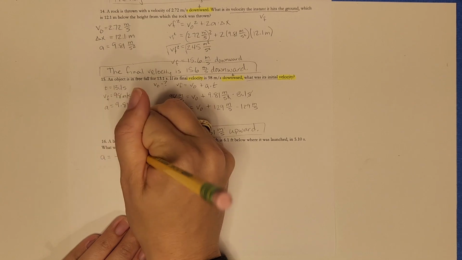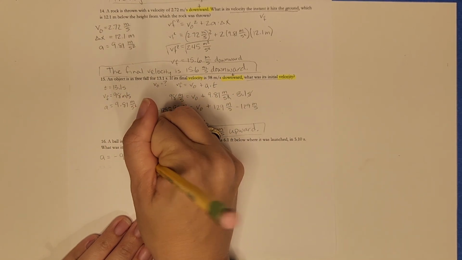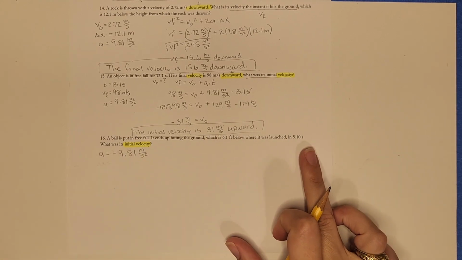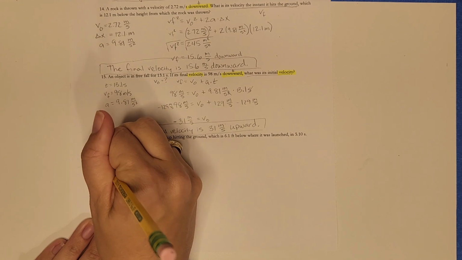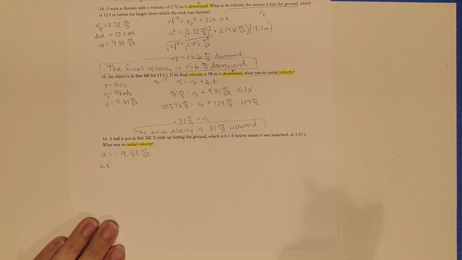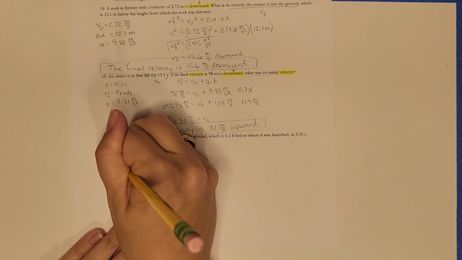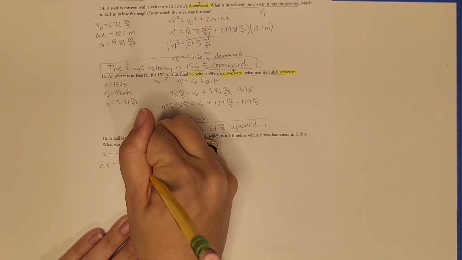So negative 9.81 meters per second squared. Okay, my displacement is here, 6.1 feet. So delta x, it went down, right? It is below where it was launched. And so that's going to be negative also, negative 6.1 feet.